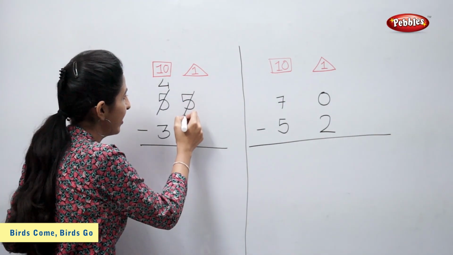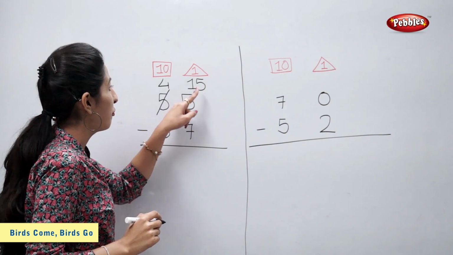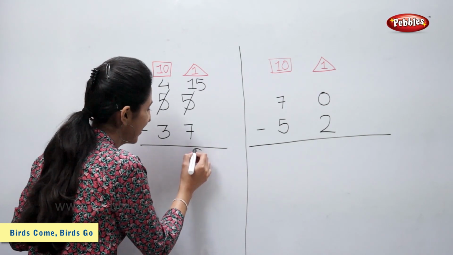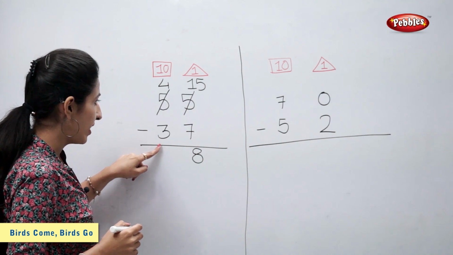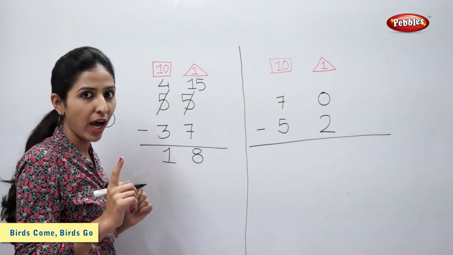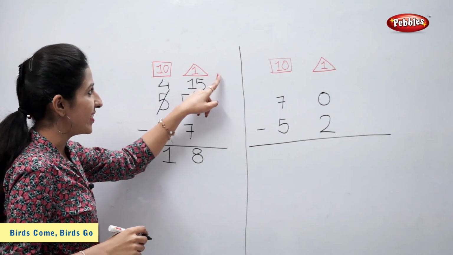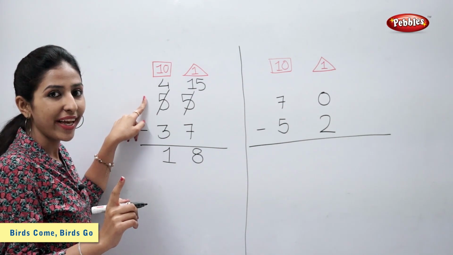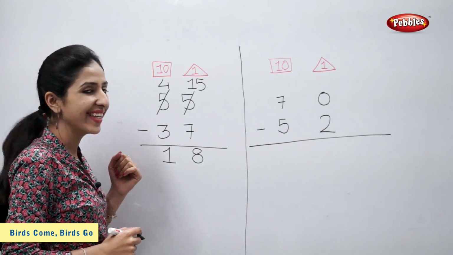This 5 becomes 15. So now 15 minus 7 is 8. 4 minus 3 is 1. Now we have 1 tens, 8 ones. So the number is 18. 55 minus 37 is equal to 18.